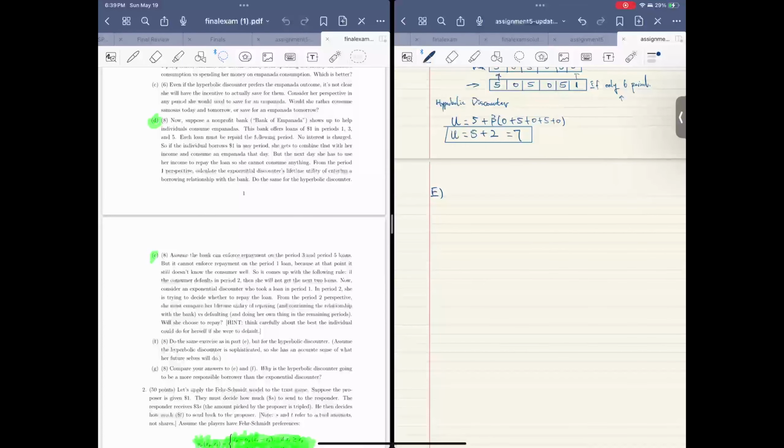Okay, so from period 2, right? So period 1, you already consumed an empanada. So let me see if I can draw a table again. From period 1, you already consumed an empanada, so yeah, you have 5 utility. And now you're in period 2.